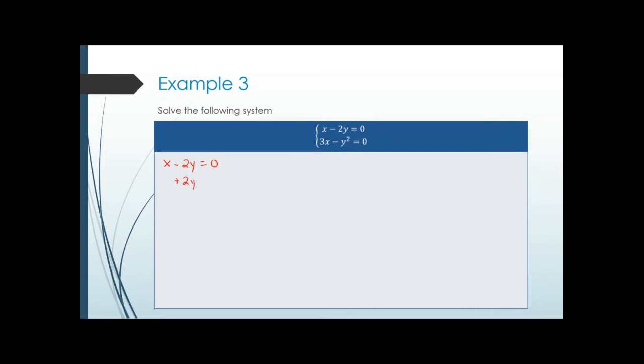And when I add 2y to both sides to solve for x, I get x equals 2y. So then I'm going to take the second equation, 3x minus y squared equals 0, and replace x with 2y.